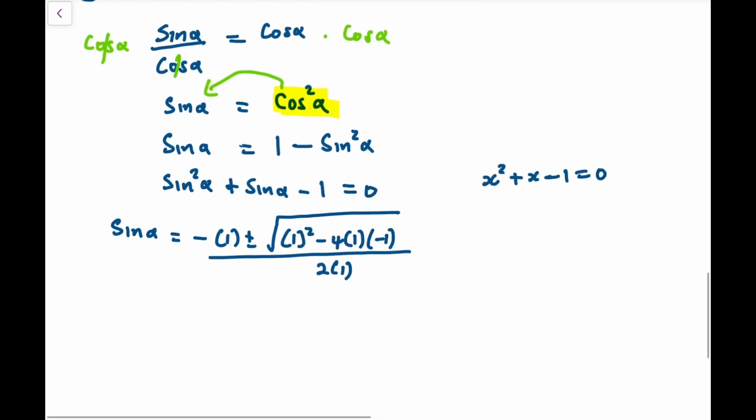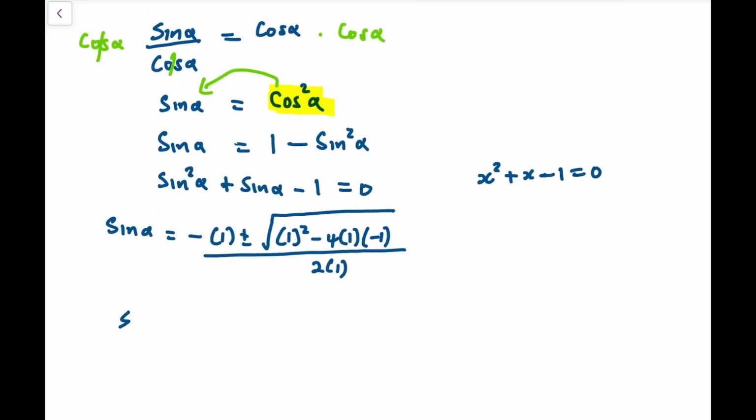So now we press our calculator. If we use negative, we get negative 1,618, and here we get 0,618.